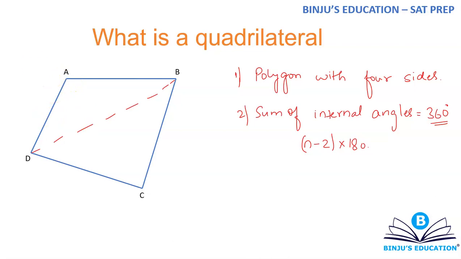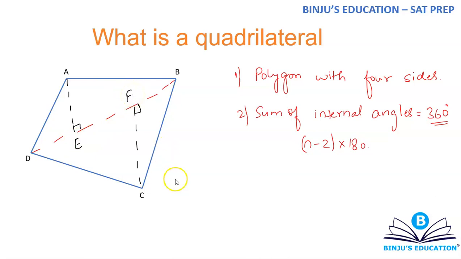Like from A, I'm gonna drop this perpendicular, and from C, I'm gonna drop this perpendicular. So you can call this E, you can call this F.